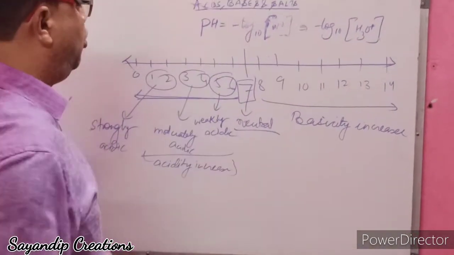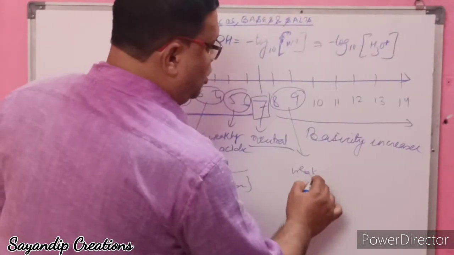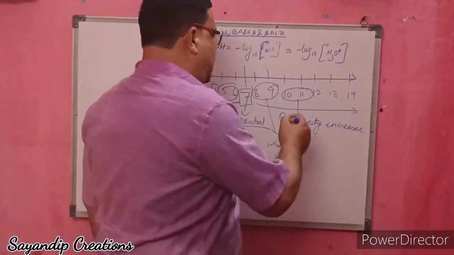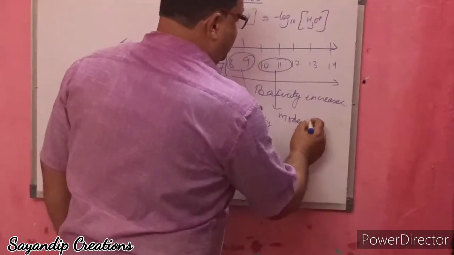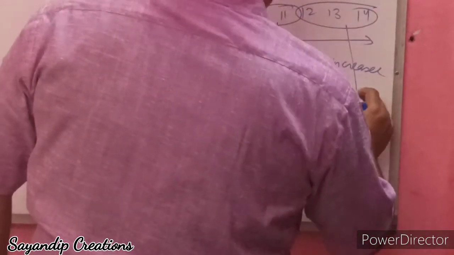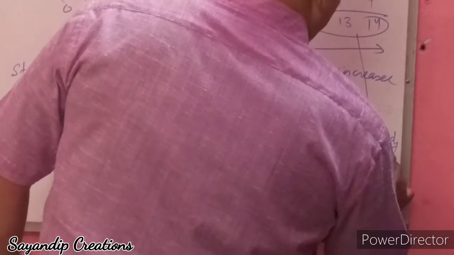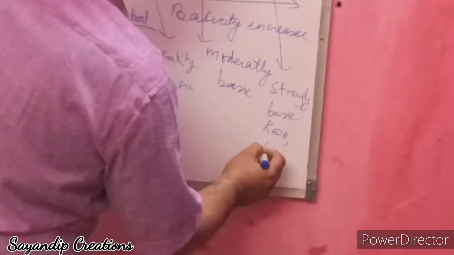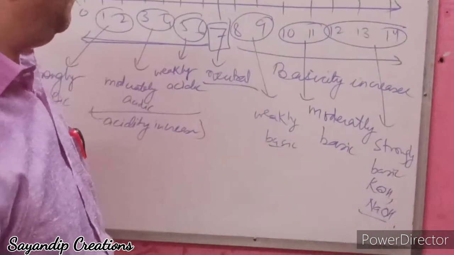So 8 and 9 are weakly basic. 10 and 11 are moderately basic. And 12 to 14 are strongly basic. I will do numericals later. KOH and NaOH are strongly basic.